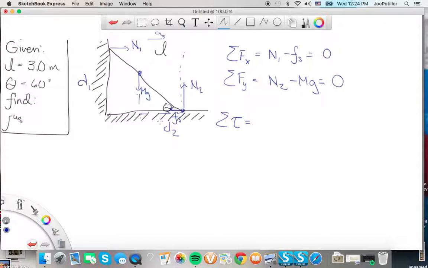Now we have distance 2 multiplied by the weight of the ladder. Okay. That's one torque. Going counterclockwise is the positive direction here. But again, because I've defined acceleration to be going this way, this will stay positive.